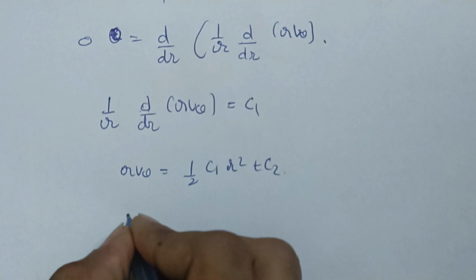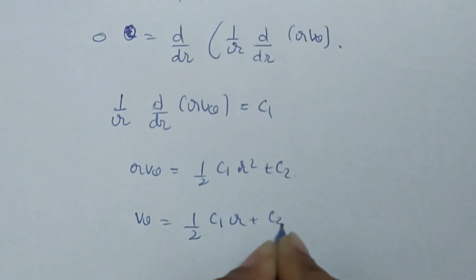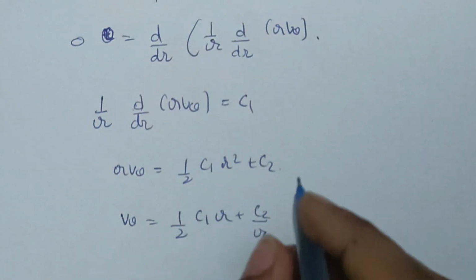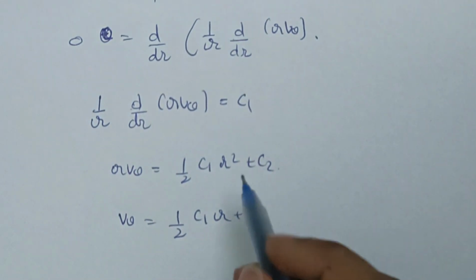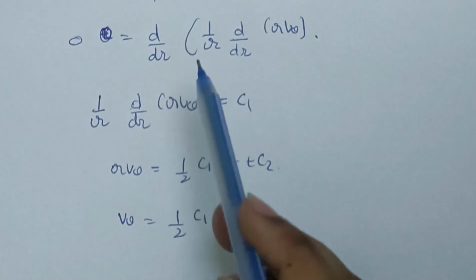Dividing this whole equation by r, we get v theta equal to half c1 r plus c2 by r. So this is the equation we have got by integrating the theta component, which we deduced from the Navier-Stokes equation.